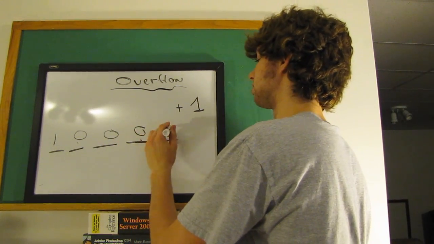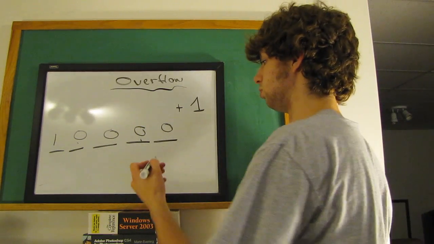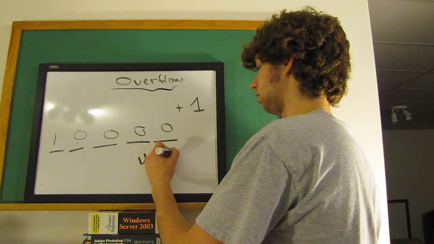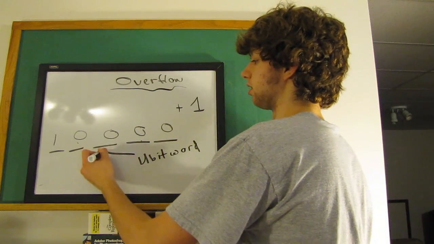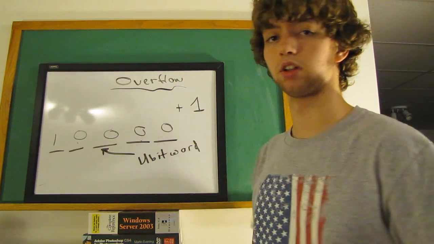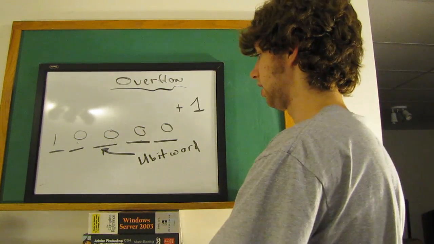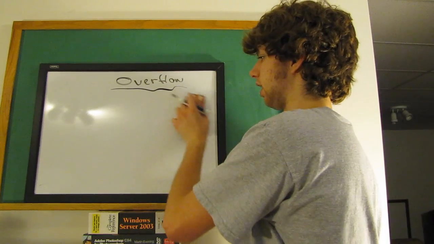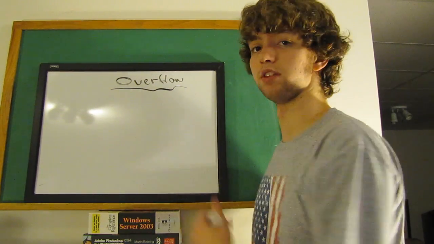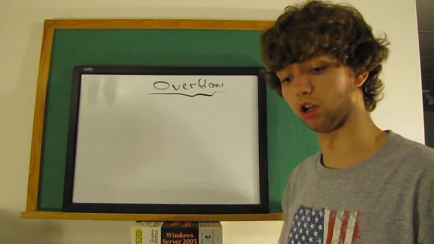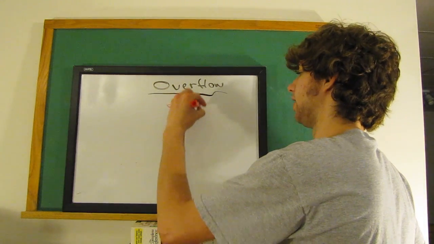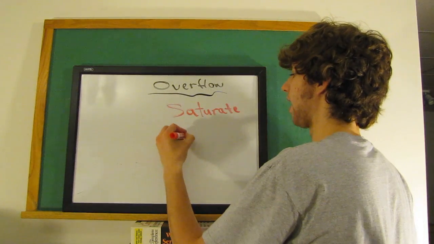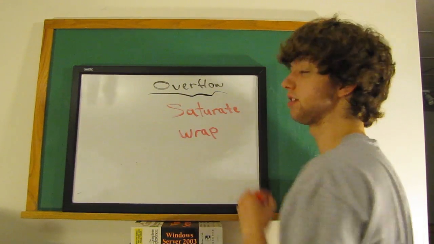But if we are specifically limiting this to a like 4-bit word, this isn't going to work because this is a 5-bit word. So what happens? Well, there's 2 main types of overflow I'm going to be talking about in this little part of this video series. So in overflow, numbers either saturate or they wrap. So what is the difference?